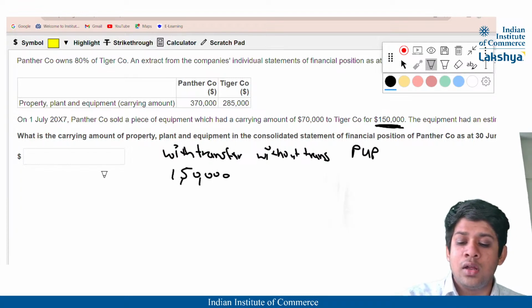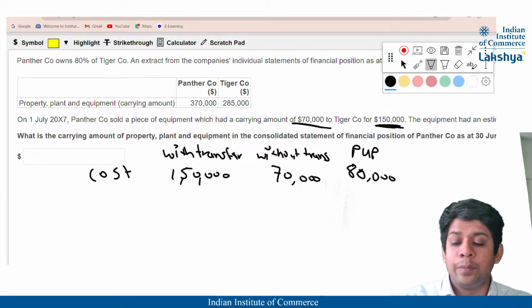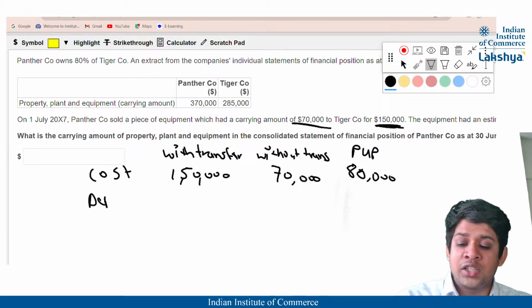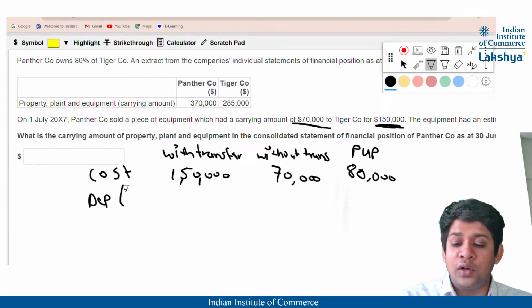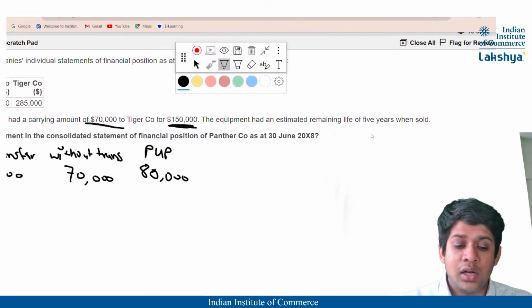So its cost with transfer is $1,50,000. Without transfer, it had a carrying amount of $70,000. That means by selling it, 1,50,000 minus 70,000, the seller has earned a profit of 80,000. Correct? From this, the depreciation is charged for the full year, and its remaining useful life was 5 years, right? Its remaining useful life was 5 years.